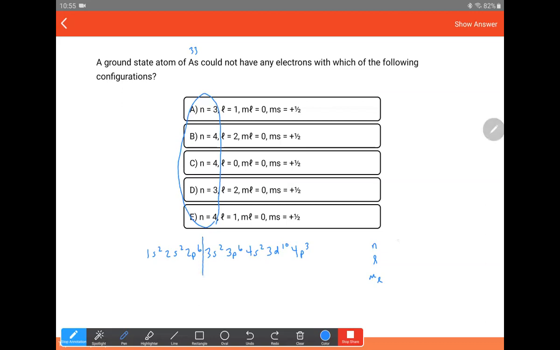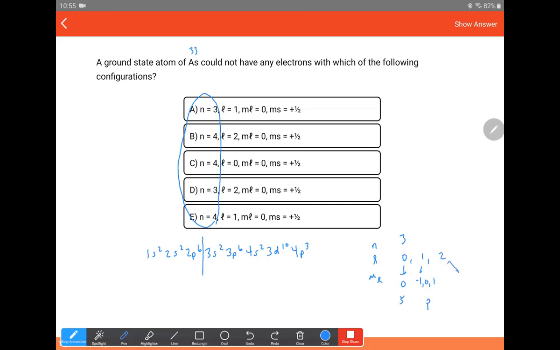So if n is 3, then l can be 0, 1, or 2. Now, if l is 0, then m sub l is 0, and that is an s orbital. If l is 1, then m sub l can be -1, 0, and 1. That is a p orbital.